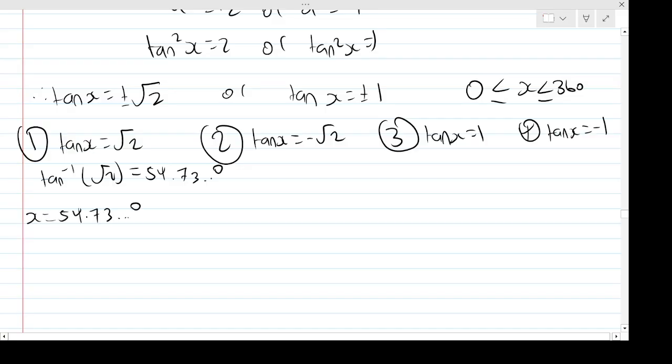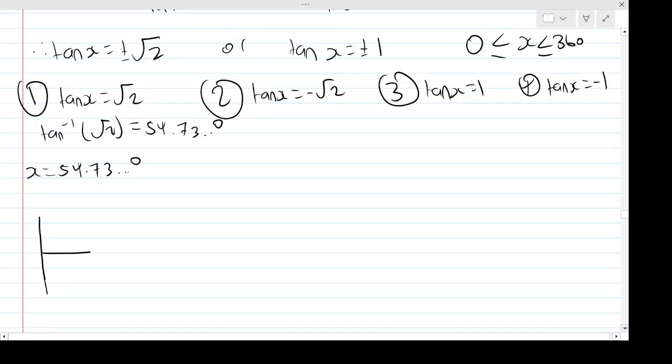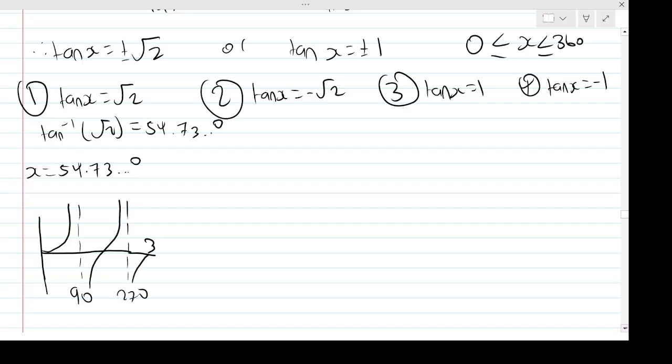Then if we want to find the other ones, let's sketch the tan graph to help us see. So a tan graph looks like this. 90 is the asymptote there, then 270 there, and then it goes back to 360 there. So 54 degrees will be about there, 54.7 there.